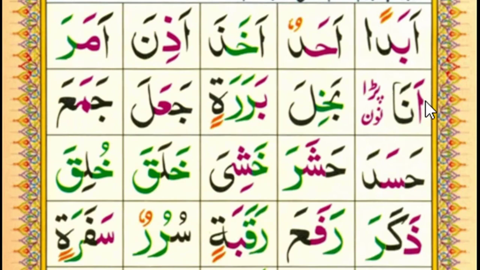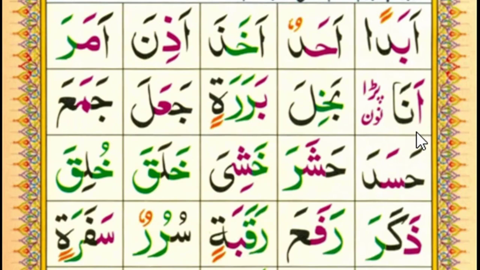Hamza, Fatha, A, Noon, Fatha, Na, Ana. So remember, here we will not lengthen this Noon, although it should be lengthened here due to one rule. Inshallah, I will tell that rule later. But keep remembering, whenever a word like Ana comes in the Quran, you will not lengthen there. So how to say it then?